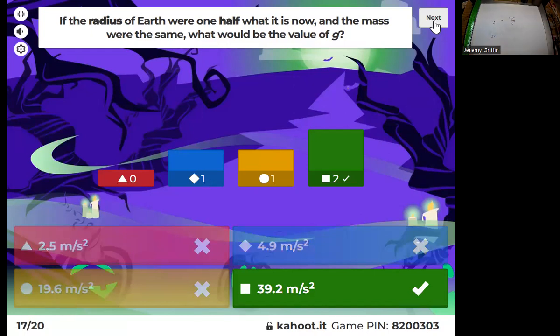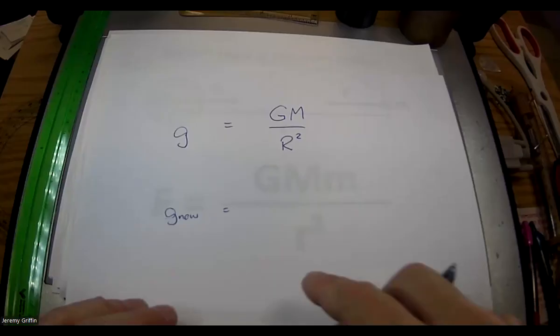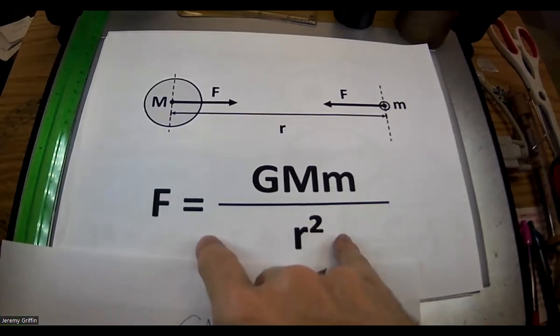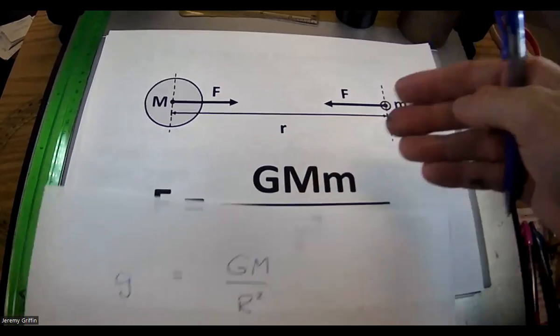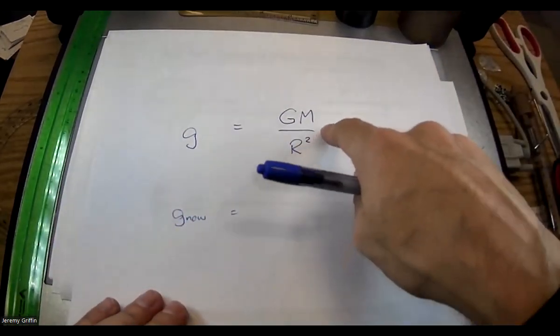Okay. A couple of you guys got that? All right. This was a little tricky, but yeah, the gravity field would actually go up by a factor of 4. Okay, let me show it to you guys. Start from this. If you divide out the mass of some object, you can get the gravity field of the planet, which is this.